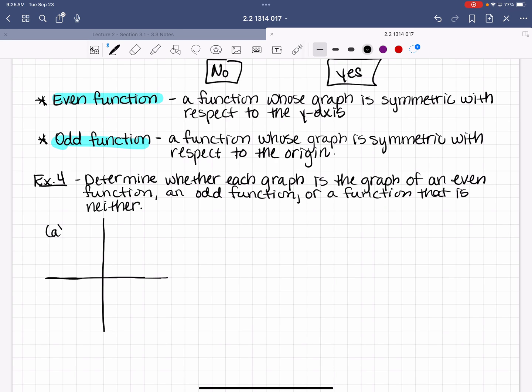So A, they're actually giving me a graph here. Move my A out of the way. Okay, so you think this is even, odd, or neither?